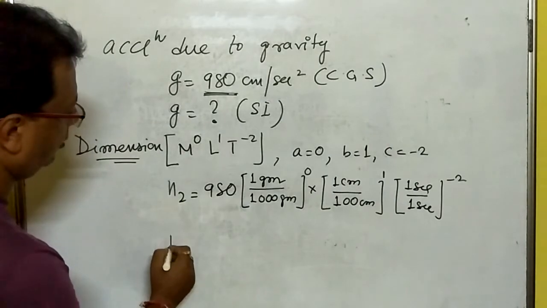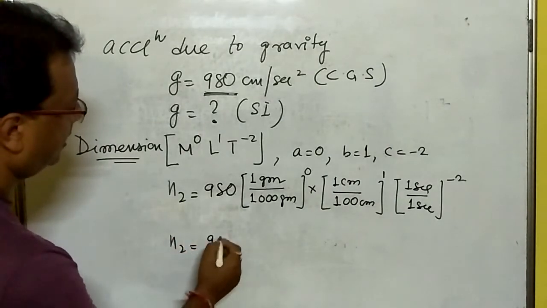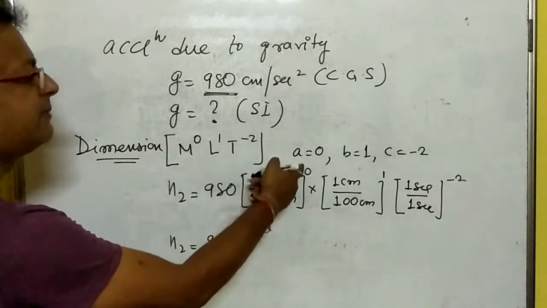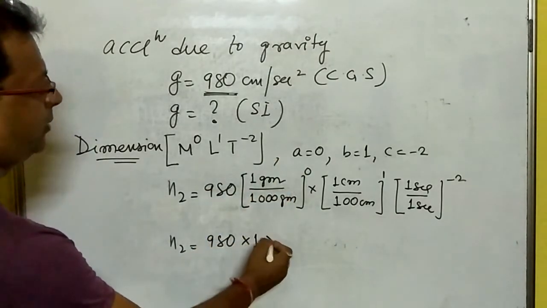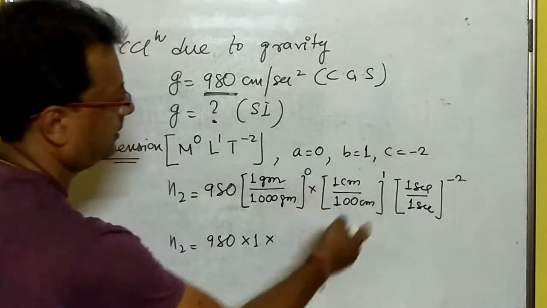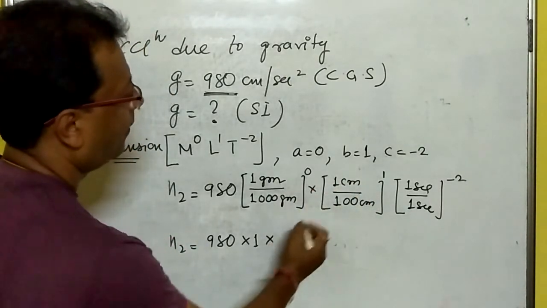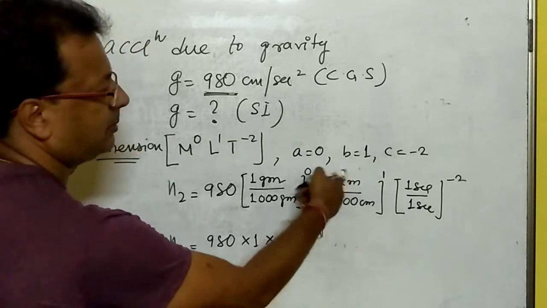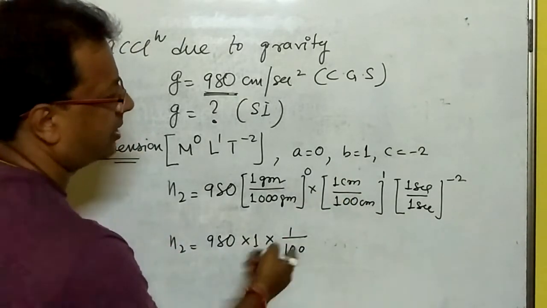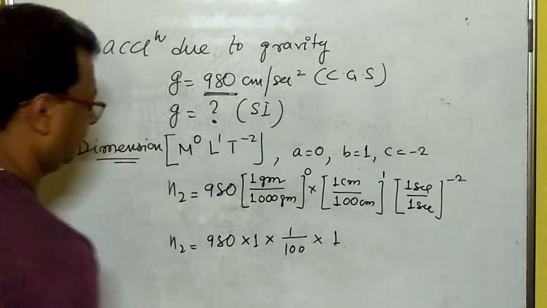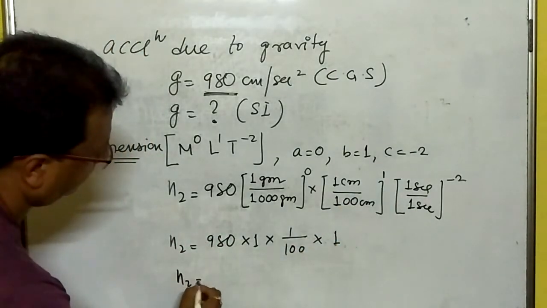So let's see what is the value of n2 now. n2 is 980 into this, anything to the power of 0 is 1. So write here 1. Here 1 centimeter by 100 centimeters, so we write it as 1 by 100. So we can see that the unit centimeter gets cancelled out. So it is 1 by 100, into again 1 by 1. So the value of n2 is how much?